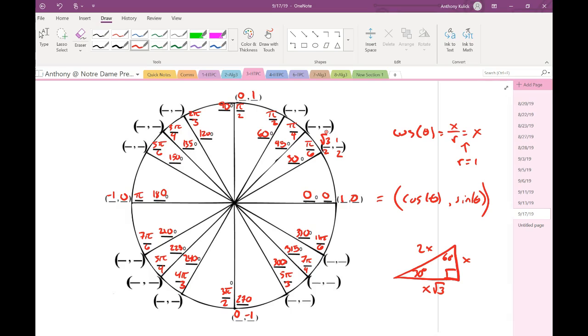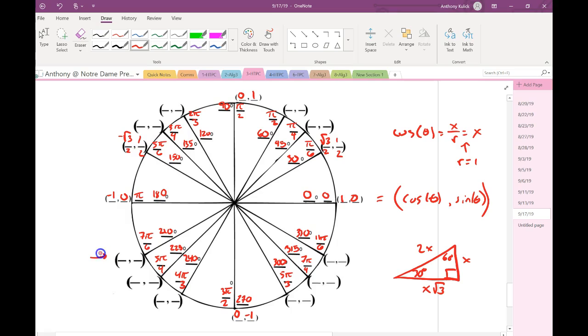Any place where I can draw a triangle back to the x-axis that has a 30-degree angle in it is going to have those same values for sine and cosine, with the exception of maybe some negative sign changing. In the second quadrant, that same location is here. So it's negative square root 3 over 2, but positive 1/2.